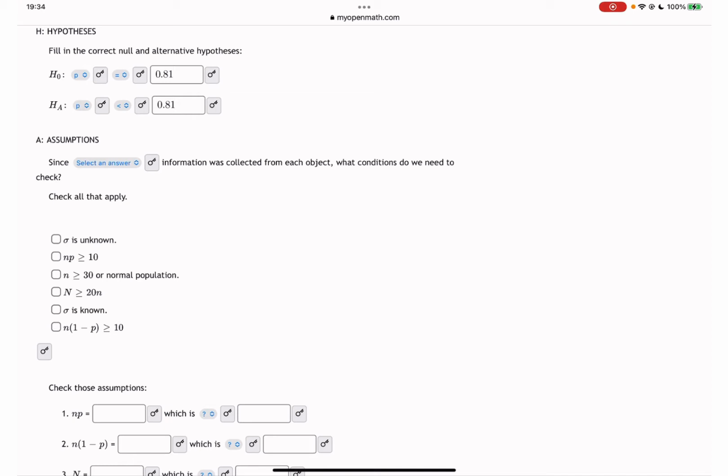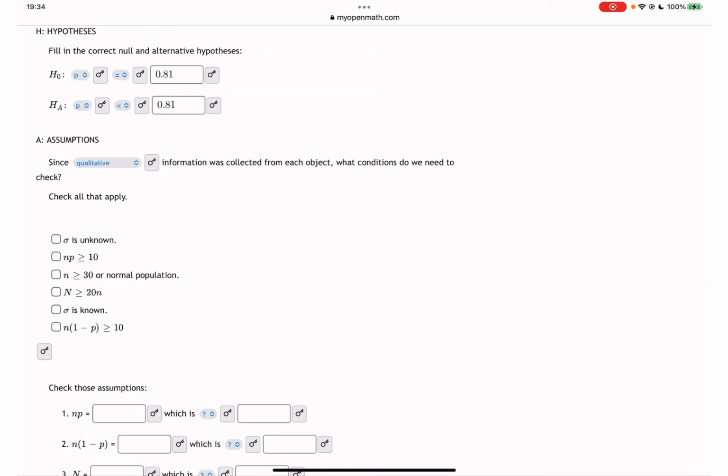Now, next we are moving to assumptions. What kind of information is collected from each object? This is going to be qualitative, right? Believe or not believe. What conditions do we need to check?